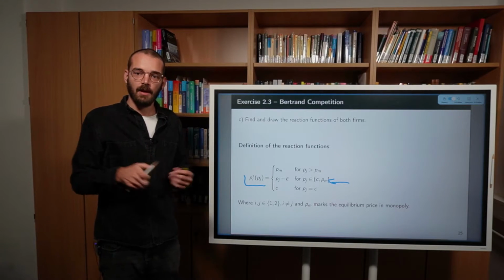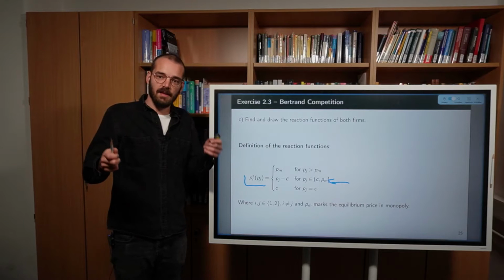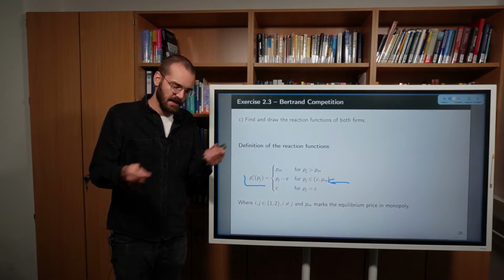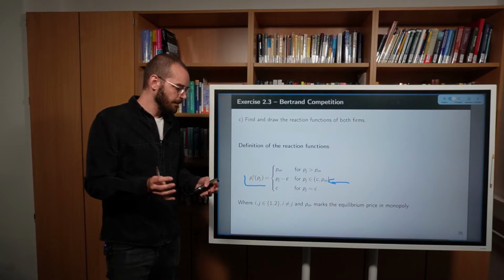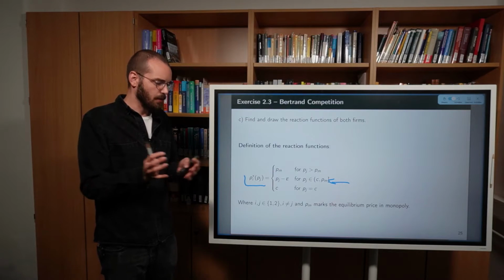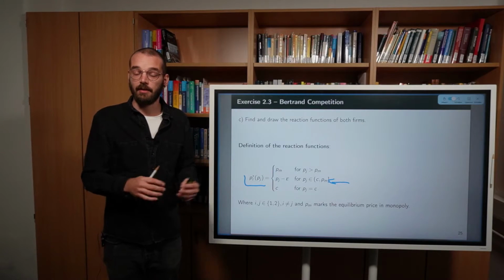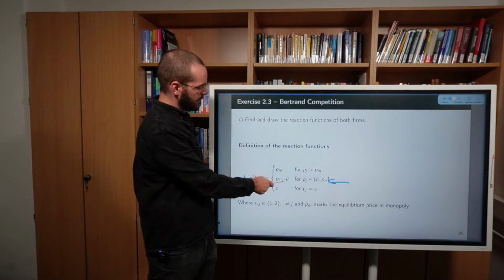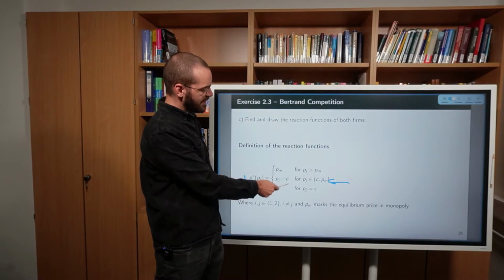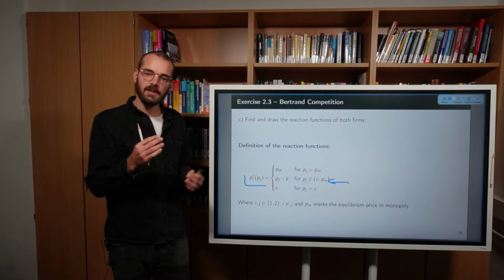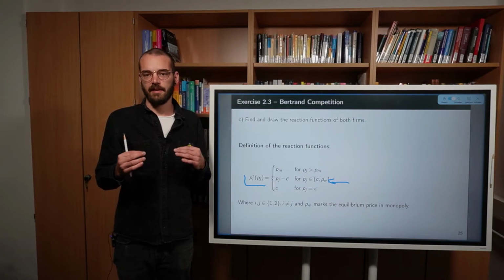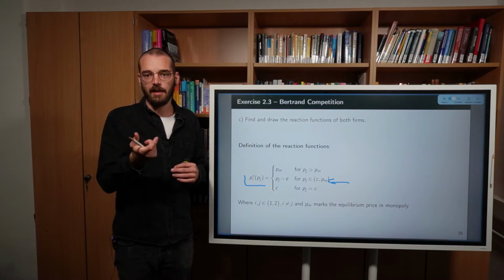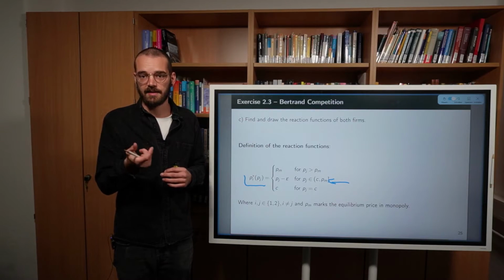Okay, and now we're in this standard or most thought of scenario which I already sketched on the previous slide. For any price that firm j is setting in this interval, it's always profitable for firm i to undercut. And the same, of course, if we switch i and j as indices.